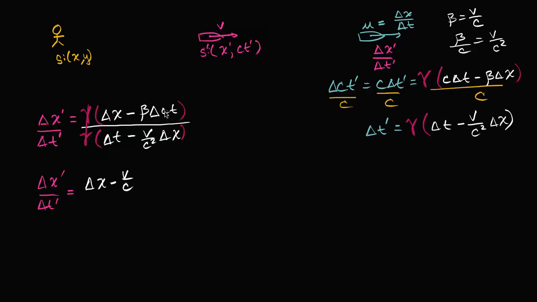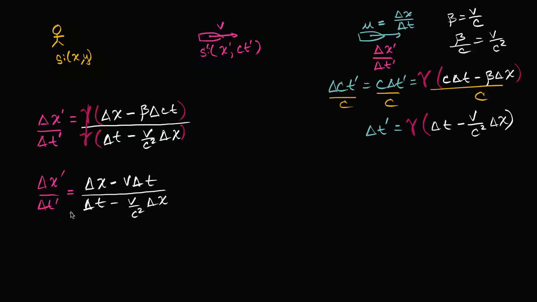If change in ct is the same thing as c times change in t, so times c delta t, well, v divided by c times c is just going to be v. So these cancel out. This is the same thing as change in x minus v change in t, so that's our numerator. And then our denominator is change in t minus v over c squared change in x.